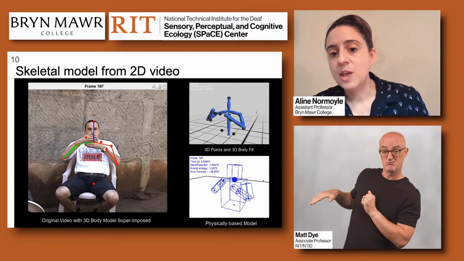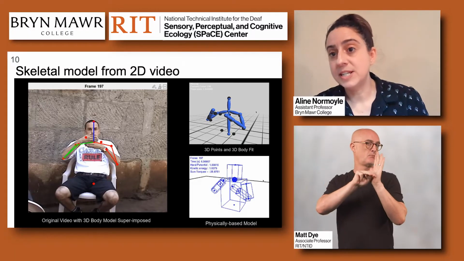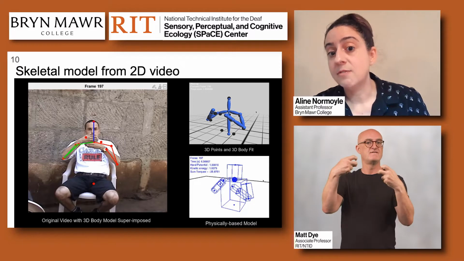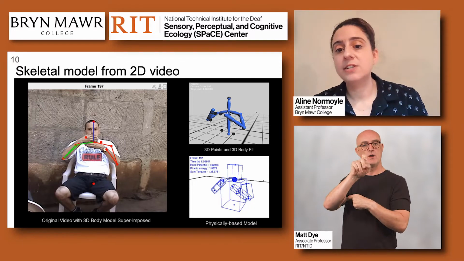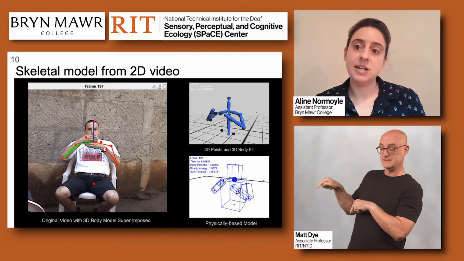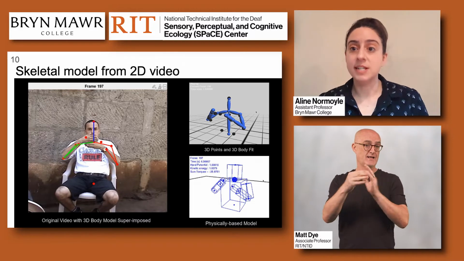And then on the bottom, we have a physically based representation of the same skeleton running in a physics simulator. And it's from the physically based representation that we estimate forces and energy.